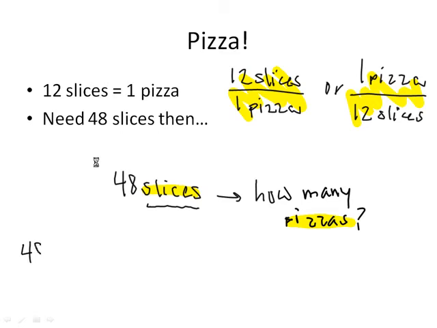If I have 48 slices, I want to multiply by the one that will cancel slices. And to cancel slices, I need to divide by them.